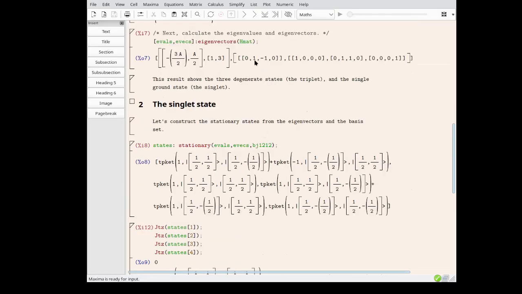So the first one here is an admixture of the basis sets 2 and 3 with a -1 sign for the second tensor product ket. So the first element of our list here in our stationary states is the sum of 2 tensor product kets, this one with a -1 overall common factor.